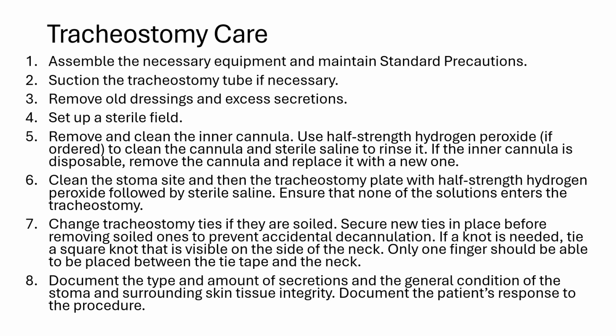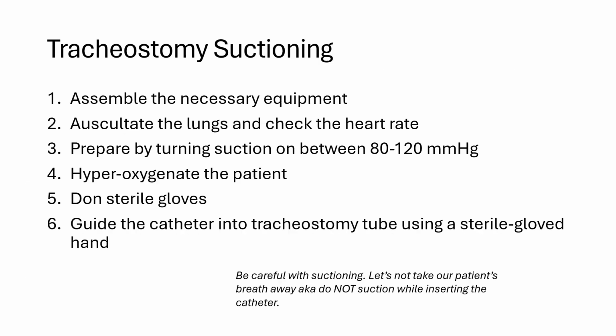Secure new ties in place before removing the soiled ties to prevent accidental decannulation. And I cannot stress this enough. Make sure you have them very secure before you remove the soiled ones. Because honestly, if you've got a patient who coughs a lot, they can accidentally cause that decannulation. And at the very end, you want to document everything.